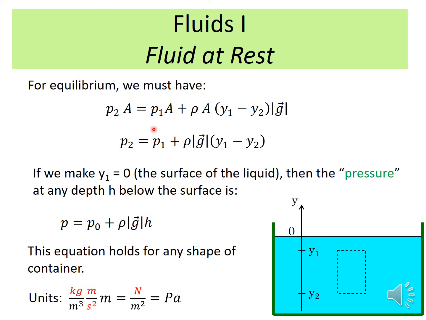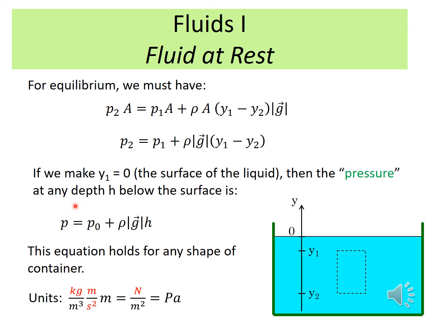I can now divide by the area A in this equation, and I end up with the pressure P2, the pressure down here in the water, equal to the pressure P1, the pressure right here, plus rho times g times the difference in position. And that difference in position is nothing else than the height of this water segment.